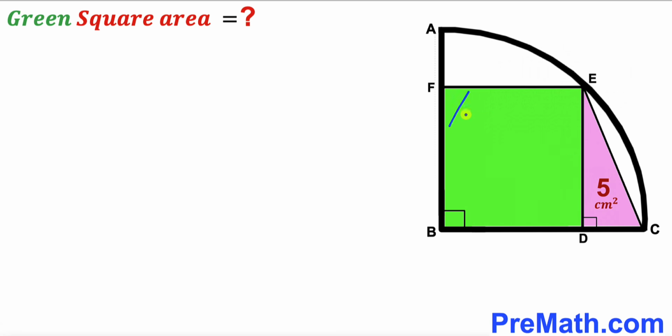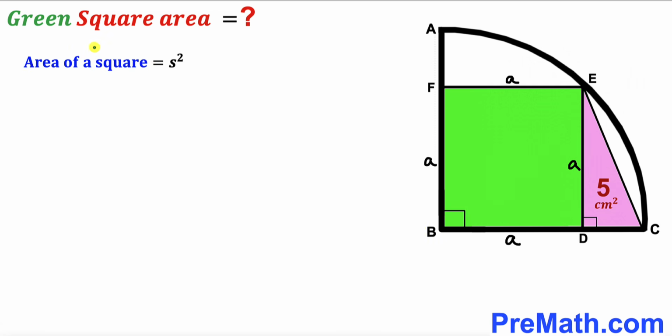Now we are going to focus on this green shaded square, since we are interested in calculating its area. I'm going to label this side length of the square as lowercase a, then this side is lowercase a, and lowercase a across the board.